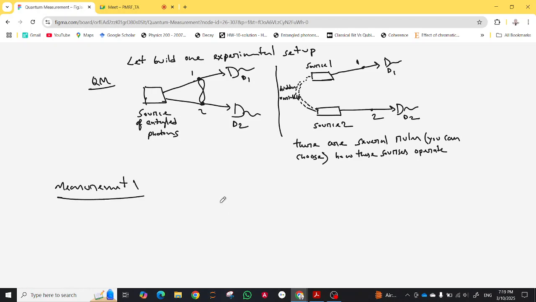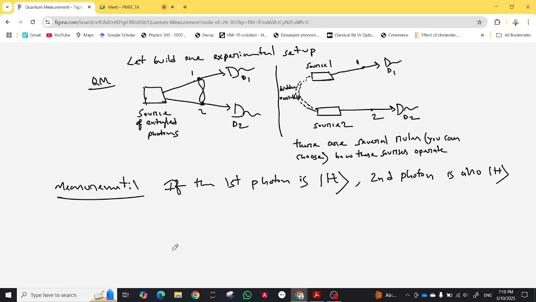In the first measurement, you see that if the first photon is horizontally polarized, if the first photon is H, the second photon is also H.